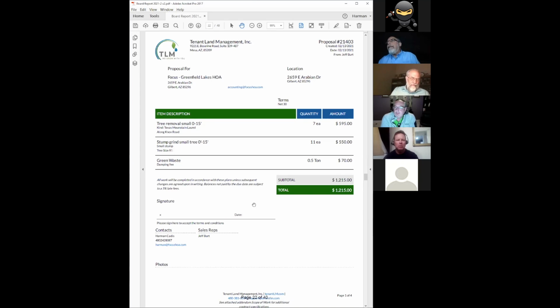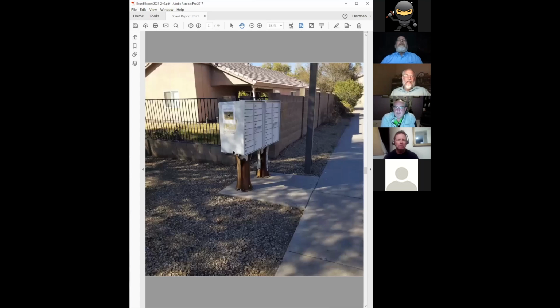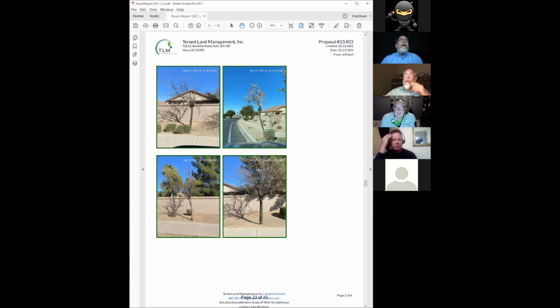Hey, real quick, do we really need to grind the stumps? I mean, it's in an area that nobody ever sees. Yeah, they're going to stump grind also. That's in the bid, as you see. Yeah, I'm just saying, do we need to? It seems like it's not necessary. This is on Knox. So they're going to stump grind Knox, and I don't believe they're going to... oh yeah, they are stump grinding.